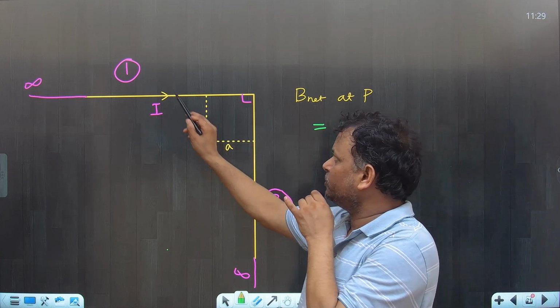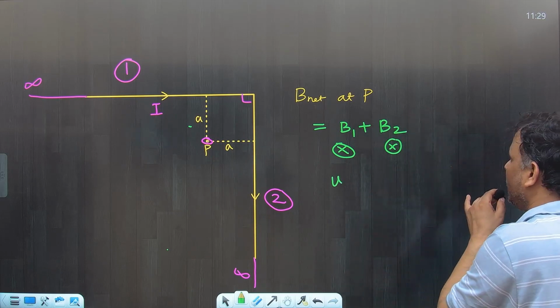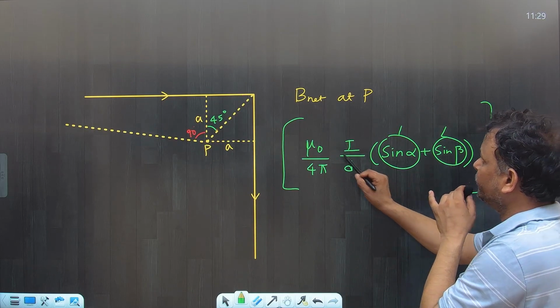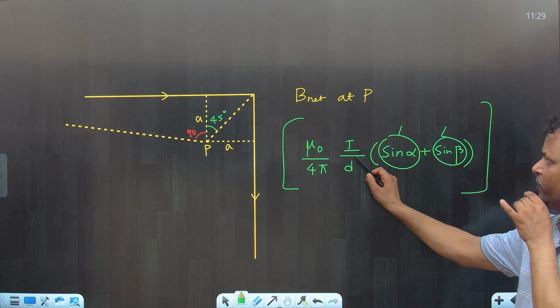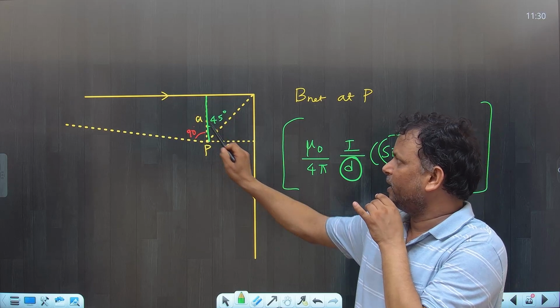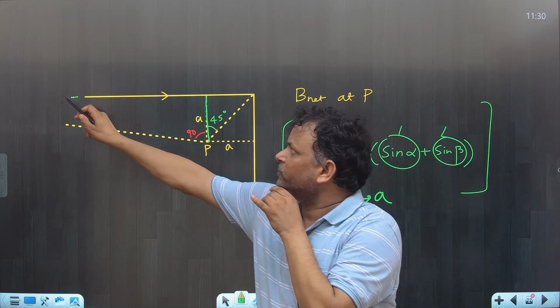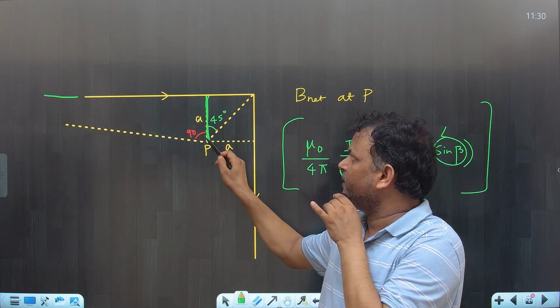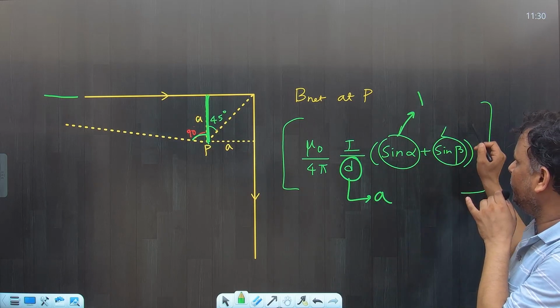So what about this part 1? I will write the formula. This is mu naught by 4 pi, I by d, into sin alpha plus sin beta. What will be d here? D is the length of the perpendicular drawn from here, and that was A. And what was alpha? This end was making an angle of 90 degrees with the perpendicular, so alpha will be 90 degrees, so sin alpha will be 1.